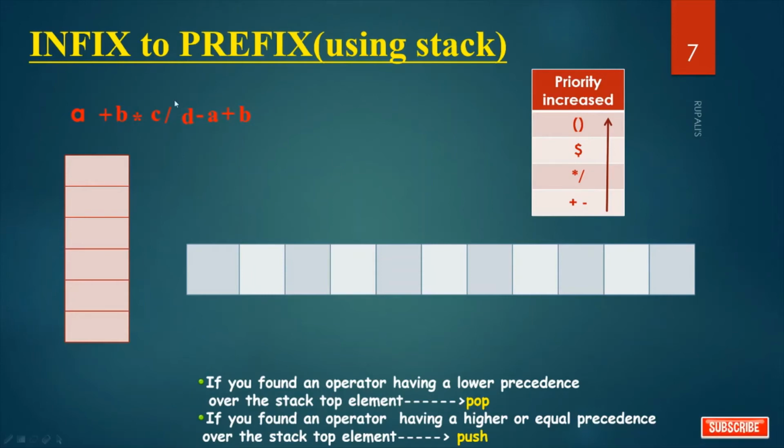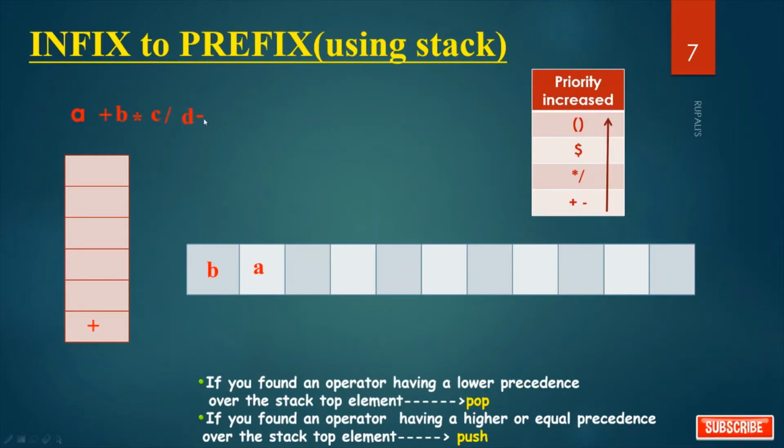Start scanning from the right hand side. First comes B. So B is an operand or operator? It is an operand. So we write it here on the output string. Then plus, you have to push plus here, plus is an operator. Then A, write A in the output string.